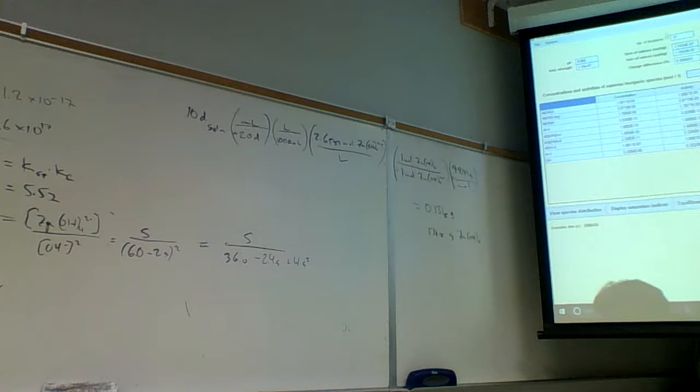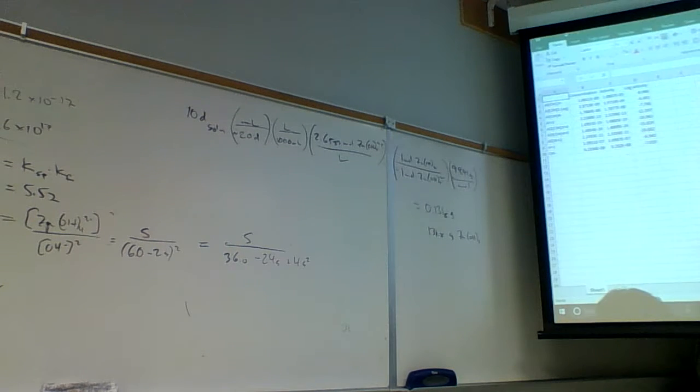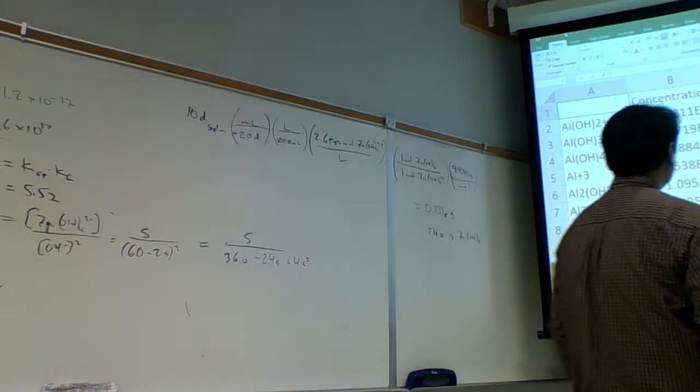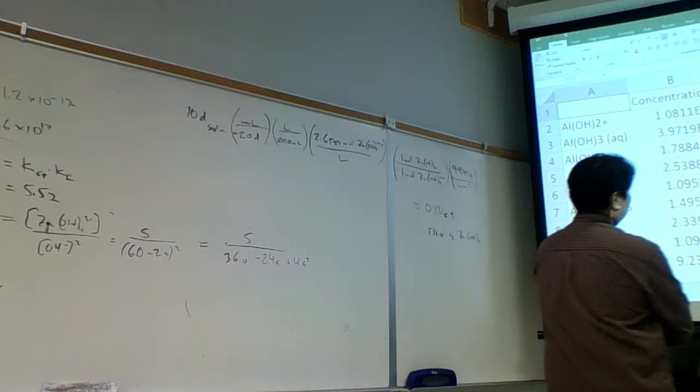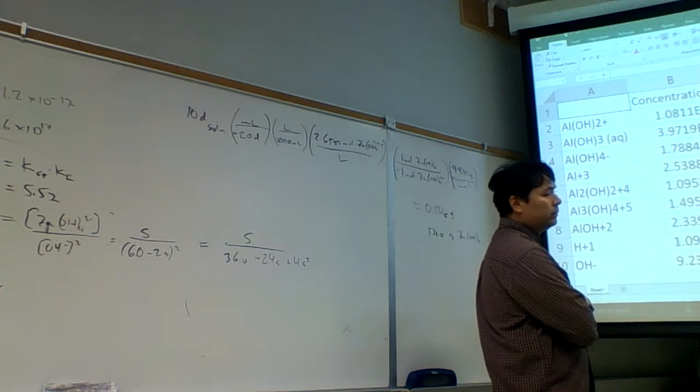Remember visual Minteq? For example, if we look at this aluminum hydroxide here, like if we're looking at aluminum hydroxide solubility, does all the aluminum that dissolves end up in one species?